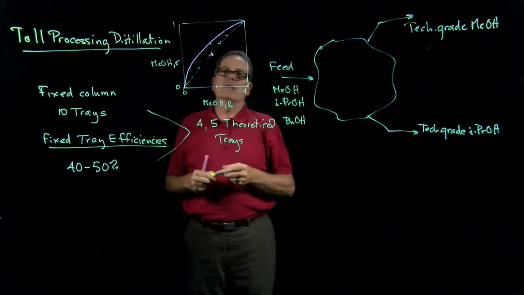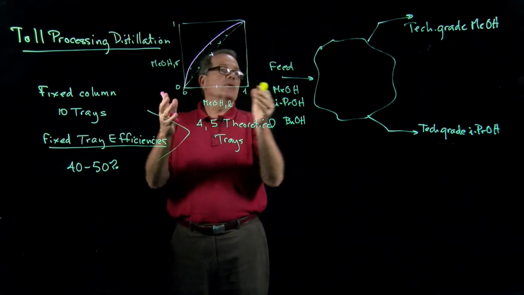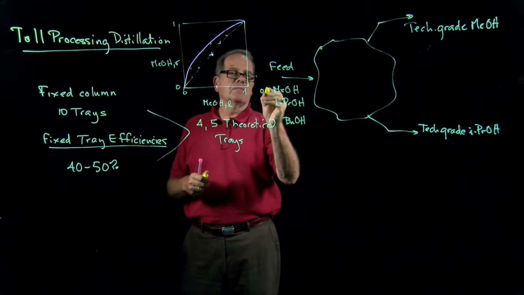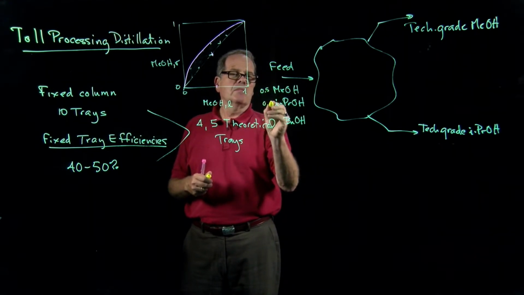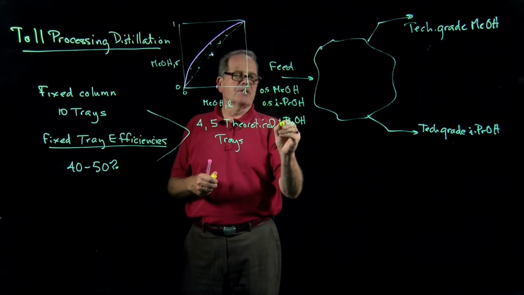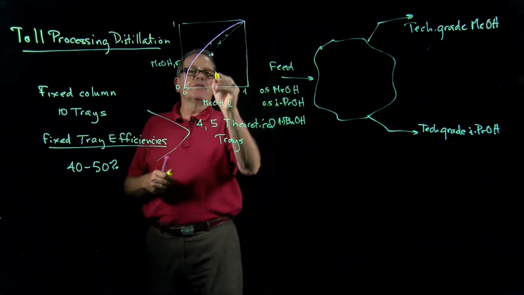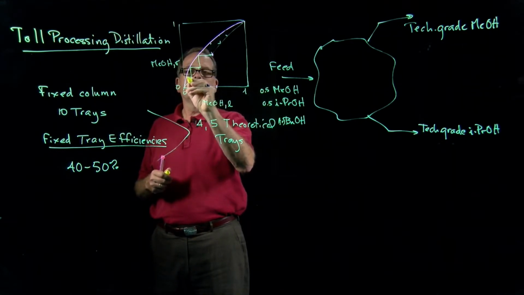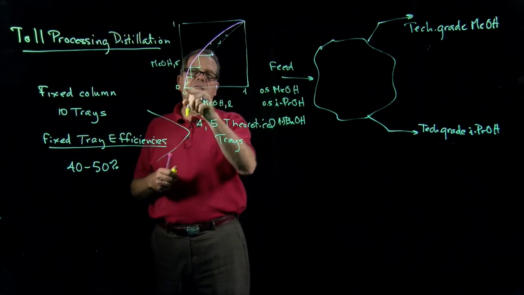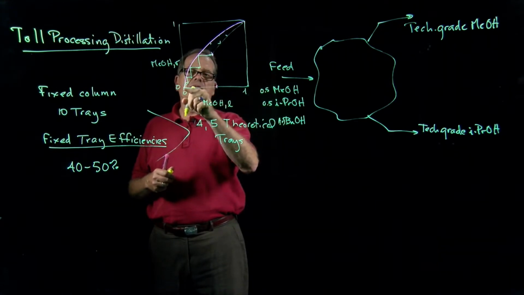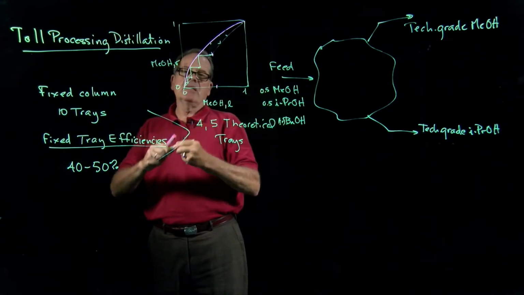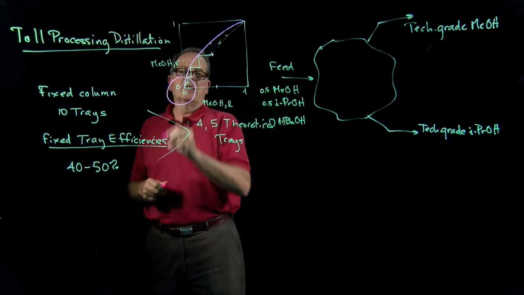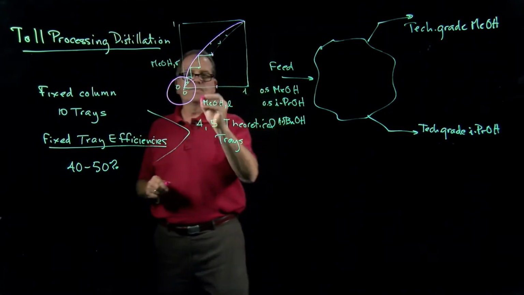Let's suppose we fed right in the middle with the 50% that we've got. And then we'll say we have a trace. Feed right in the middle. Well, maybe I could get 4 or 5 theoretical trays, and maybe I could come close down here to getting a technical grade product.